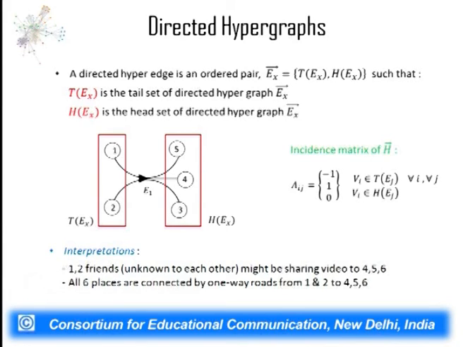Okay. And if we are interested to store the details of the incidence matrix, then what happens? We take the normal incidence matrix. And remember that incidence matrix is what? It's a 2-dimensional matrix in which one side we have the number of vertices and the other side we have the edges.